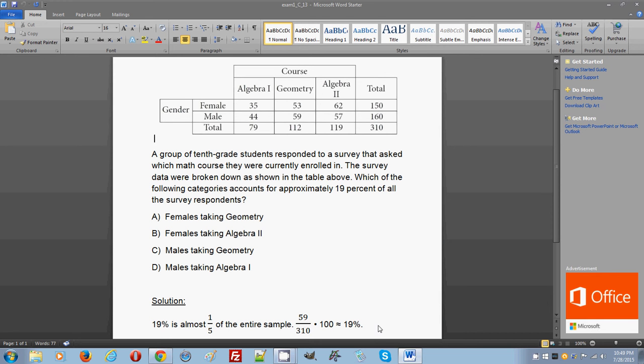Now this problem gives you data in a table, and as you can see, each row is designated as female or male.